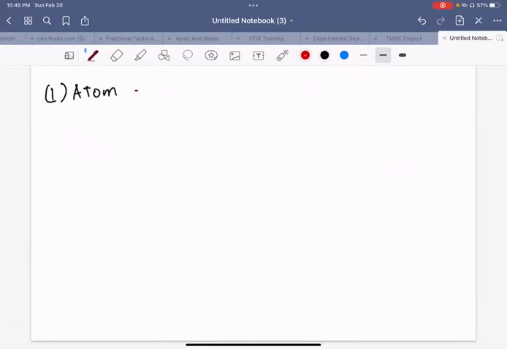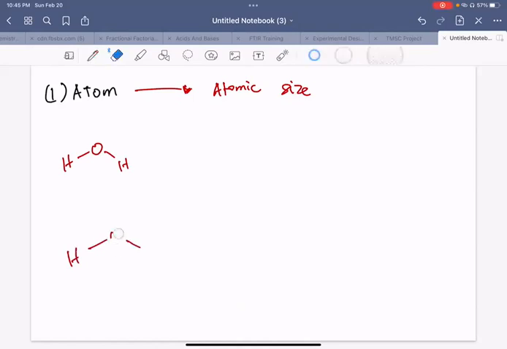We now go to another factor that we consider, which is the atomic size. What's an atomic size? How do you use that? Suppose you have water, for example, and you compare it with hydrogen sulfide.